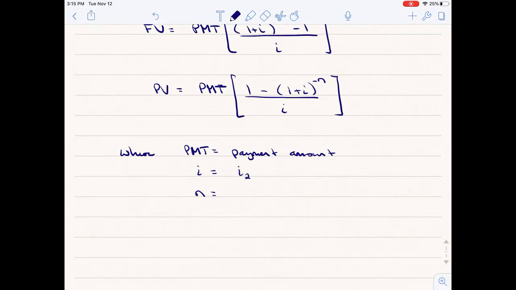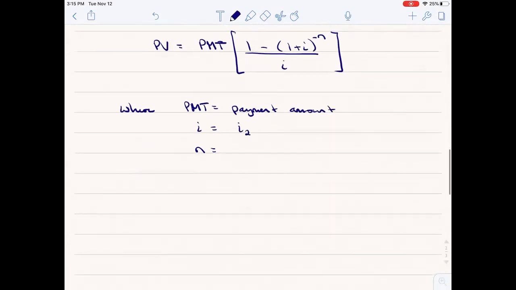Technically, it's still the number of compoundings, but you don't want to trip yourself up. And so N in your calculation, because it assumes that you've converted your periodic interest rate to match the payment frequency, is going to be the number of payments.